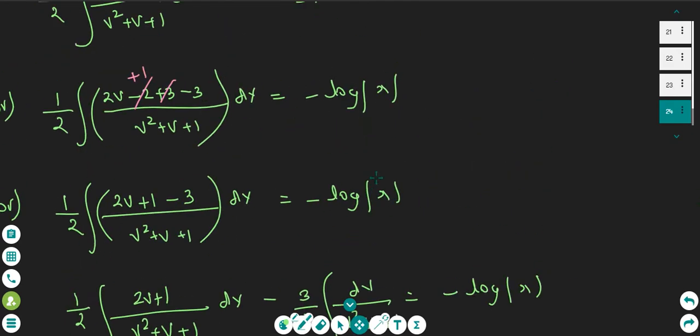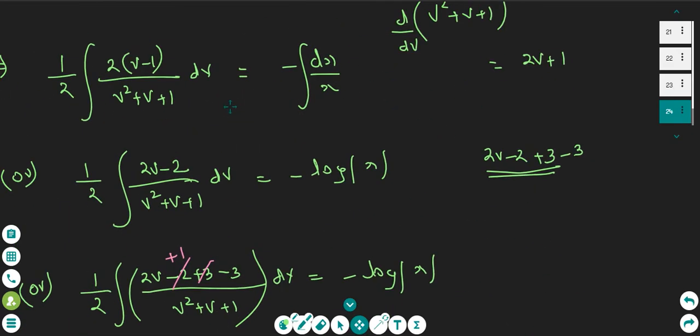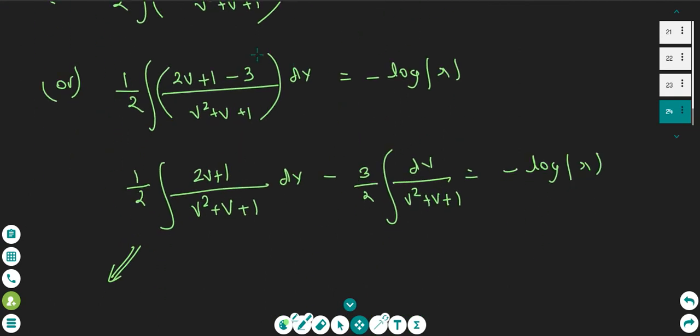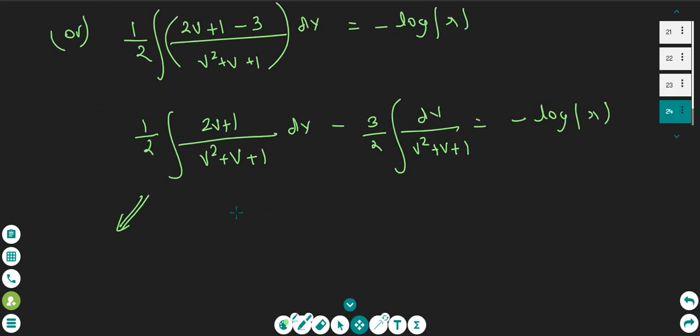We already decided why we are doing this, because if we differentiate this, we should have it in the numerator. So for that only we have done these adjustments. Finally now you can see for v squared plus v plus 1, the differentiation of this one is available in the numerator, which means I'm going to use this formula: the integral of f dash of x by f of x is log mod f of x.